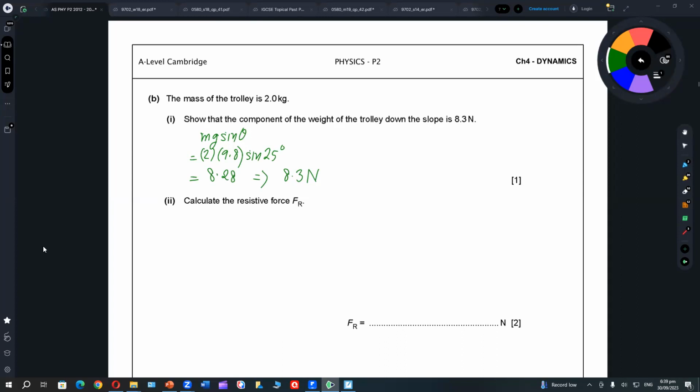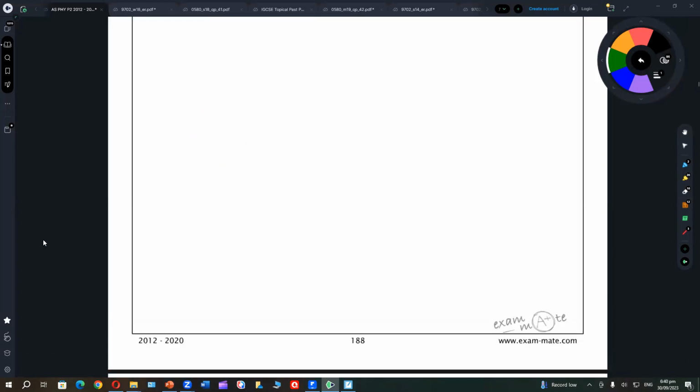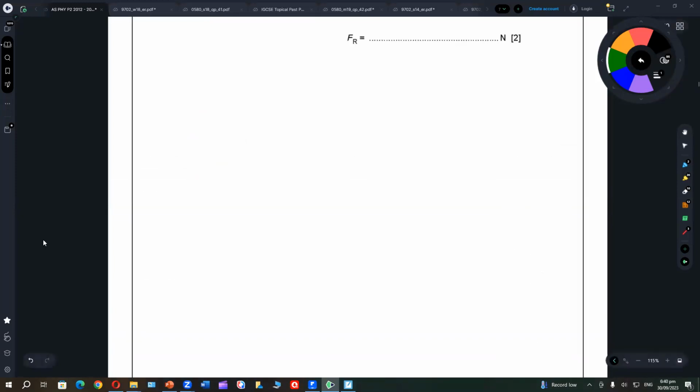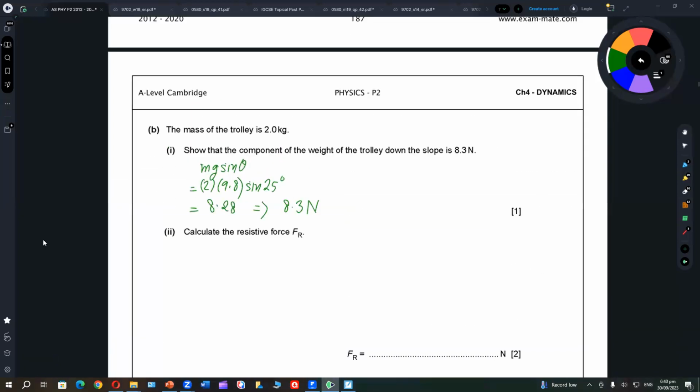Calculate the resistive force Fr. Sir, it's a greater force minus smaller force.